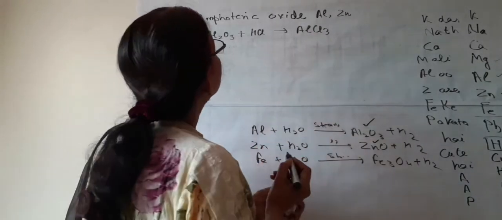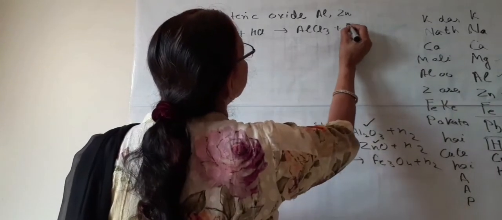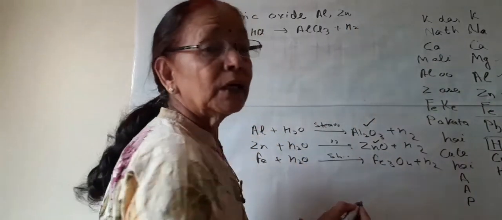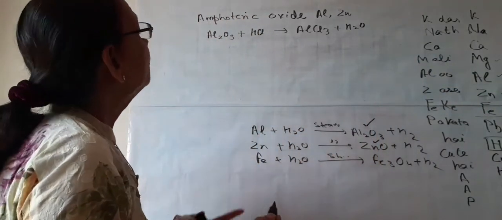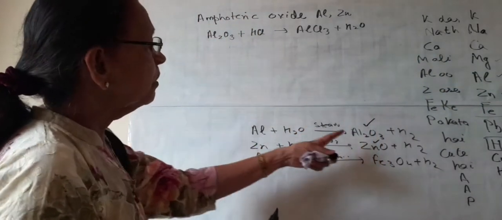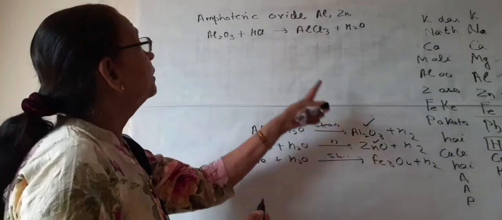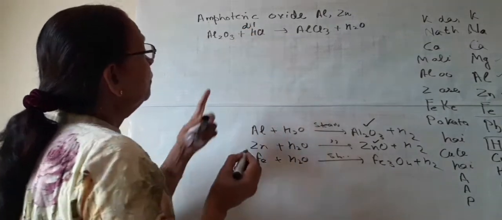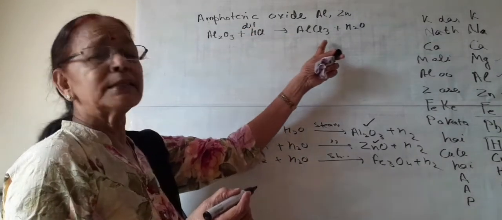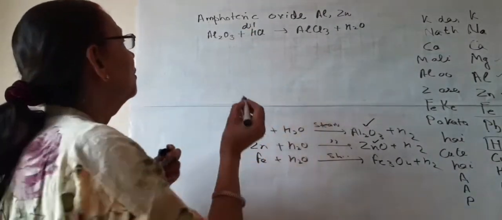So AlCl3, and water is formed, not hydrogen. This is the reaction of Al2O3 with dilute acid. When reacted with dilute acid, the chloride of the metal is formed.